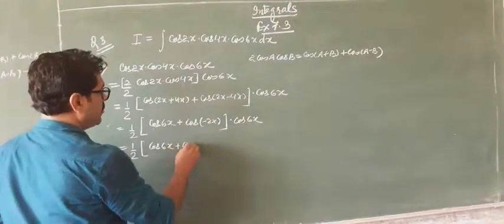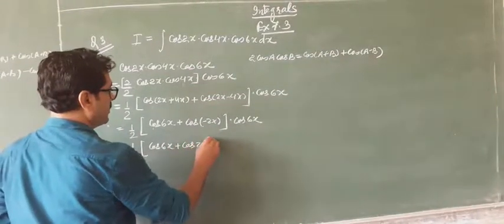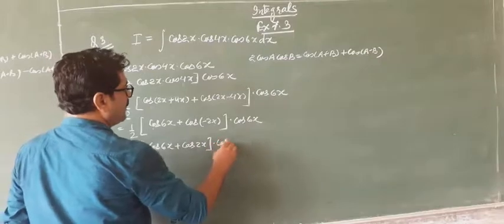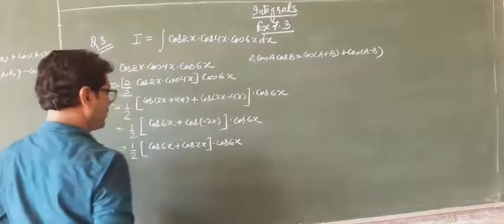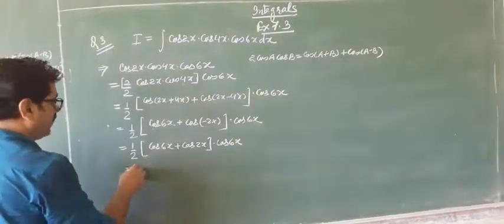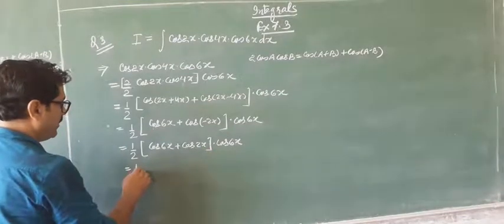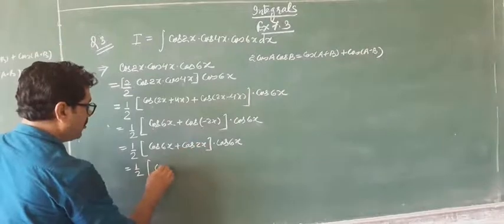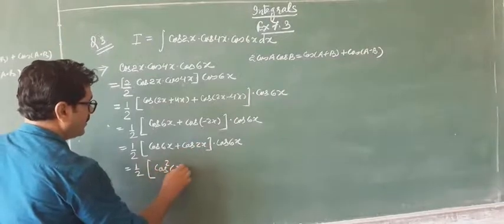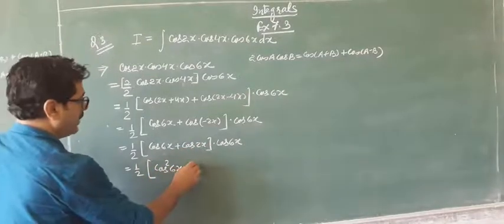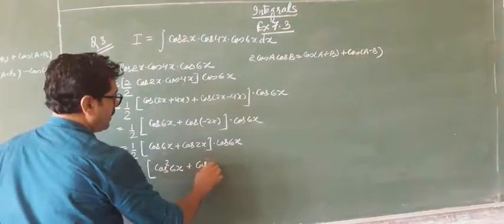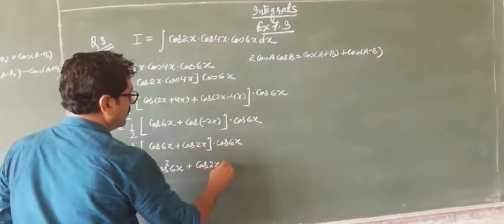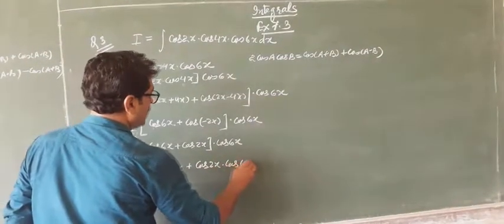So plus cos of 2x multiplied by cos 6x. We multiply it, so 1 by 2 cos 6x into cos 6x, that is cos square 6x, plus cos 2x into cos 6x.